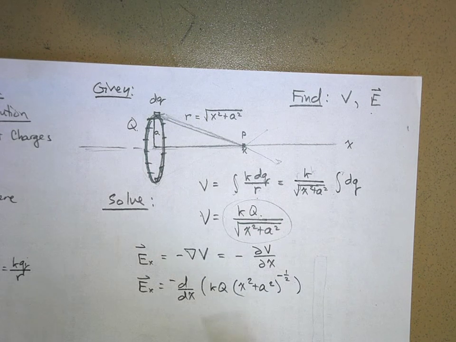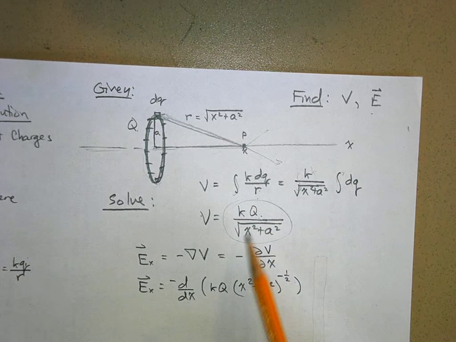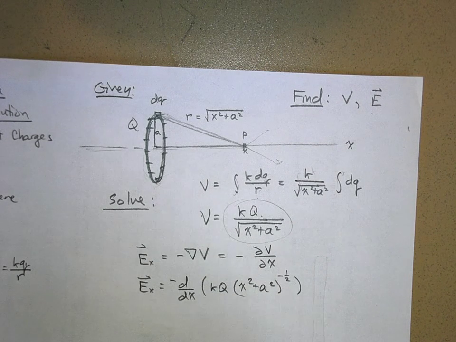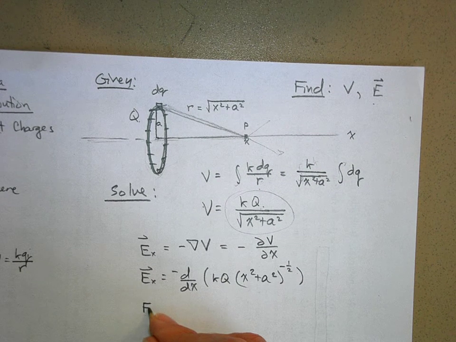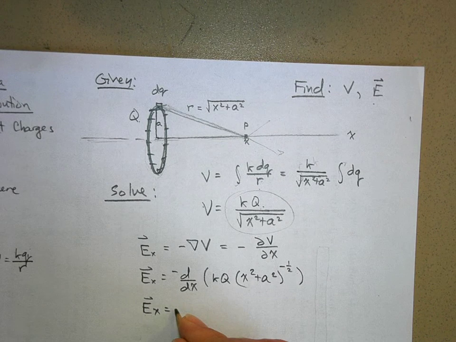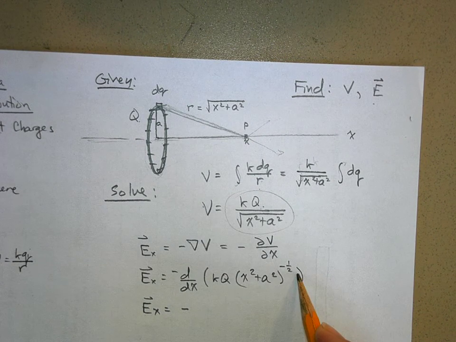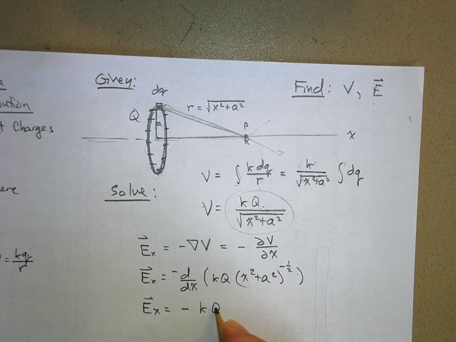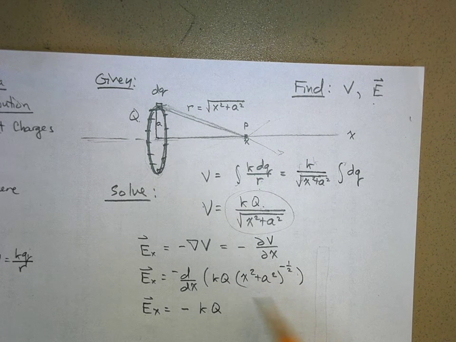Does that make sense to everybody? I just took it out of the denominator. And this way I don't have to fool around with the quotient rule or anything like that. I can just go right to the power rule. And I also have to use a chain rule. So let's continue one more line, I think. Equals negative. Well, if I take the derivative of this, we get kq. And let's take the derivative of the outside part.